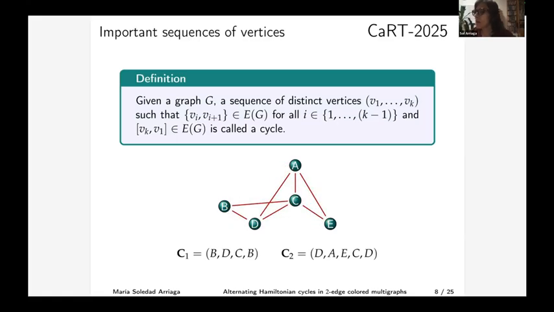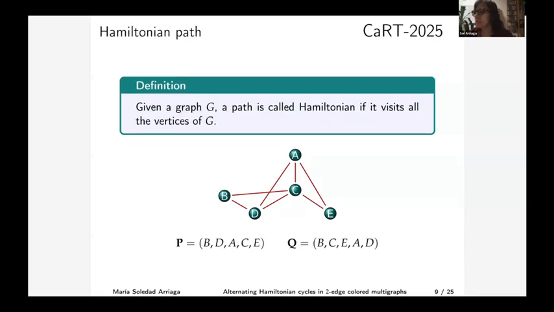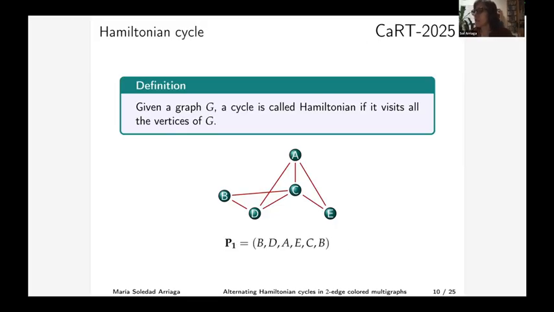And when a path visits all the vertices of G, we call it a Hamiltonian path, like this. And similarly, if a cycle visits all the vertices of G, we call it a Hamiltonian cycle.